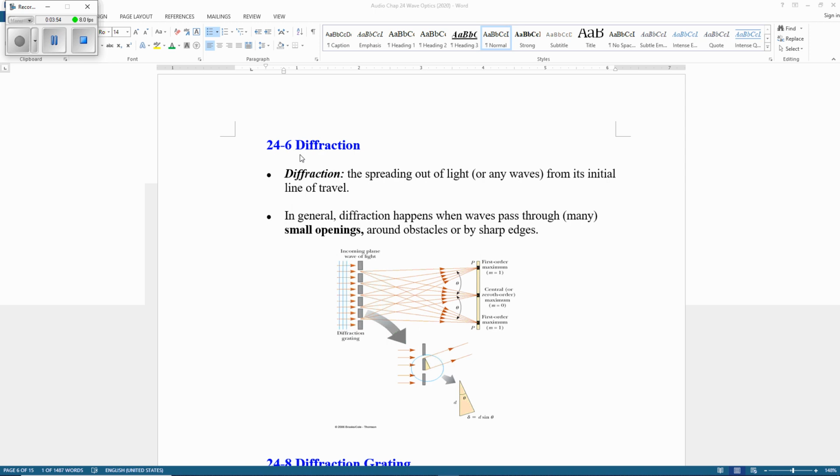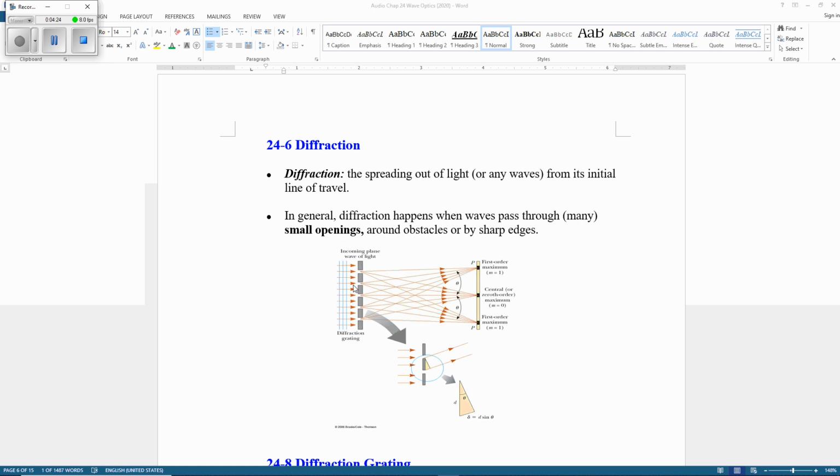Section 6, we're going to study diffraction. Diffraction is the spreading out of light or any wave from its initial line of travel. The light comes out from different openings, and then it's like waves traveling in all directions.